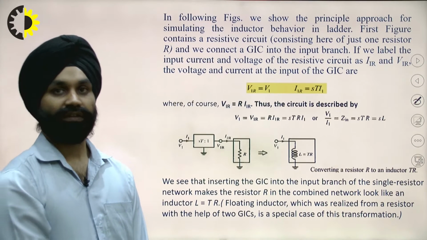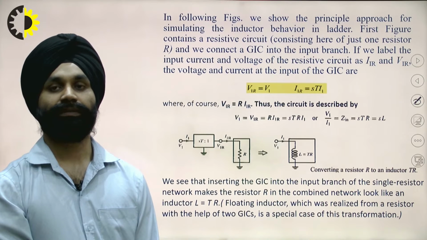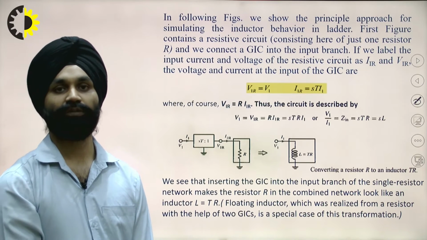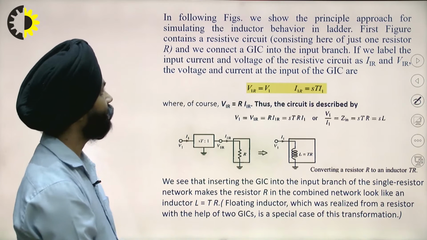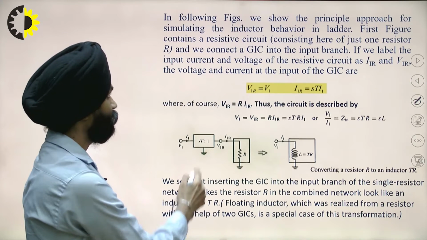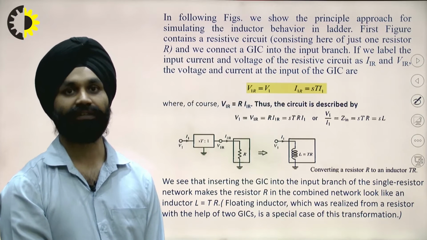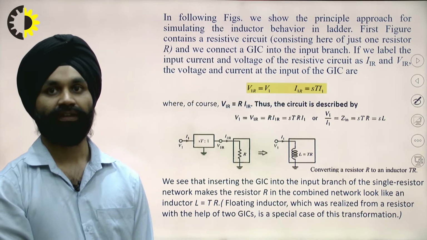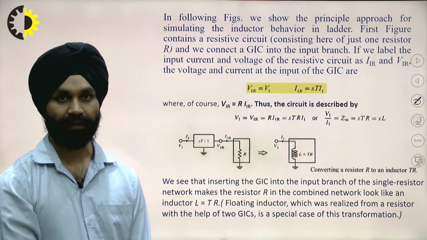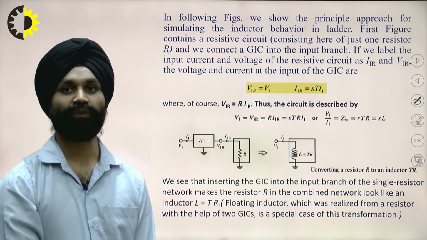So in this figure, we show the principal approach for simulating inductor behavior in the ladder. This first figure contains a resistive circuit with one resistor R, and we can connect a GIC into the input branch.